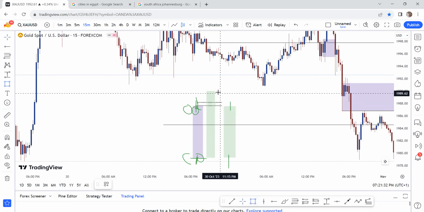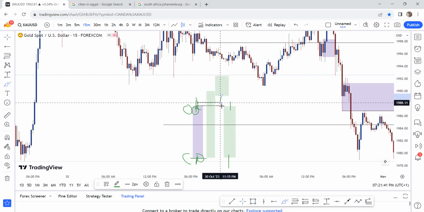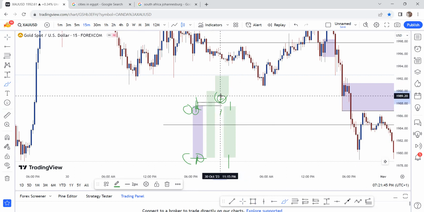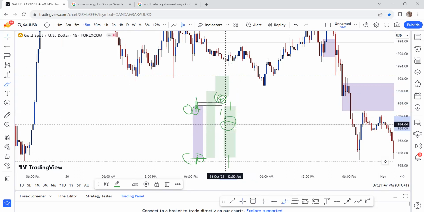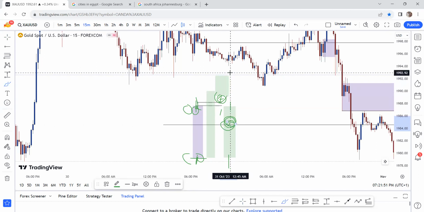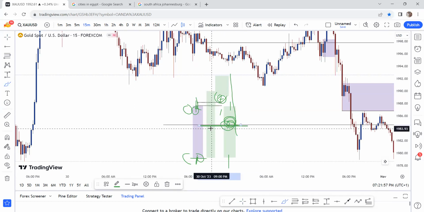So if another candle forms a green buy zone, and we have another wick here to the lower side, I am not taking this, I am taking this one, because 60 to 70% of the time, price will test this zone, because these were like unfilled orders at a discount price.